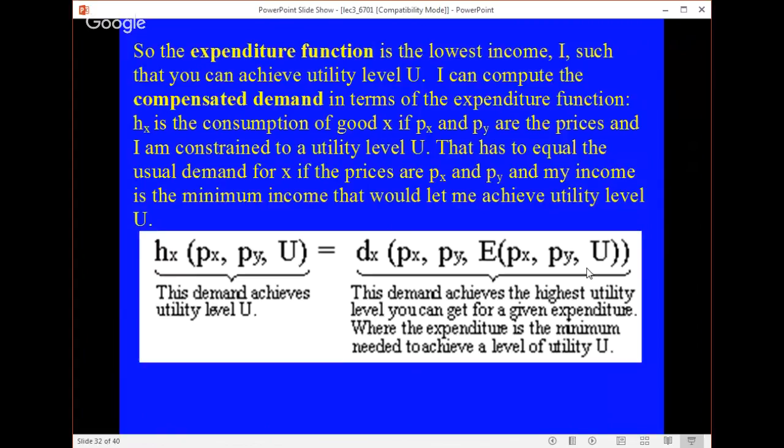Okay, so this is our demand, or Hicksian demand, that achieves a utility level of U, and this is the demand that achieves the highest utility level for a given expenditure, E, where the expenditure is the minimum amount to achieve U, which is fixed.